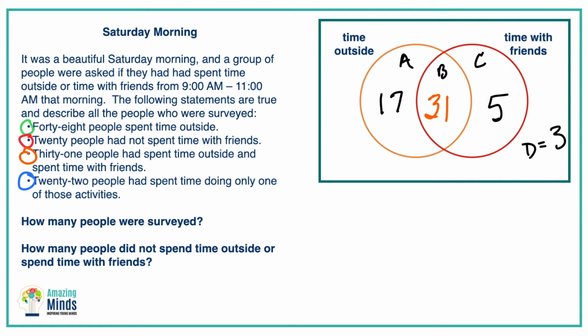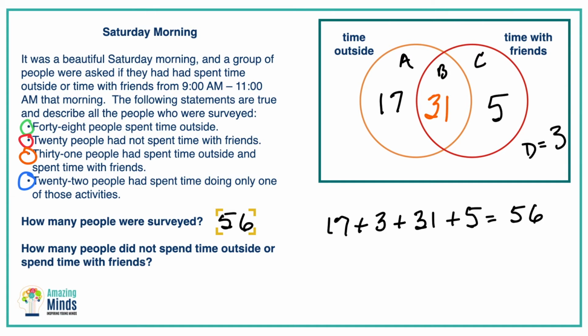So you can say, okay, well, 17 plus 3 plus 31 plus 5 equals 56. So I know 56 people were surveyed.